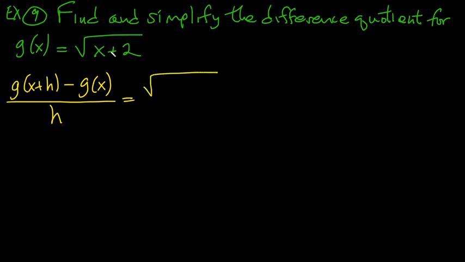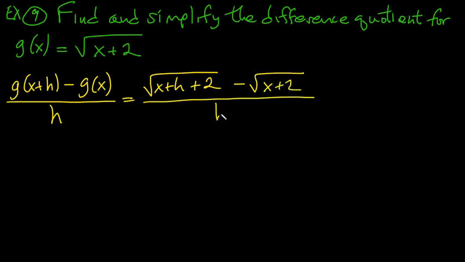You just change the x to x plus h. So it's the square root of, instead of x plus 2, it's now x plus h plus 2. Minus g of x. G of x is the square root of x plus 2, and then divide the whole thing by h. Okay, so that's the difference quotient.